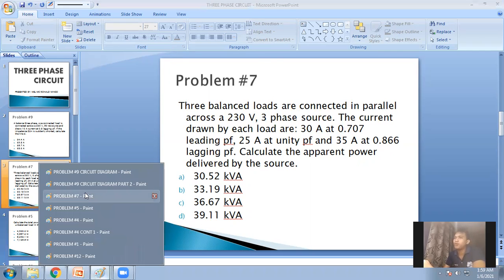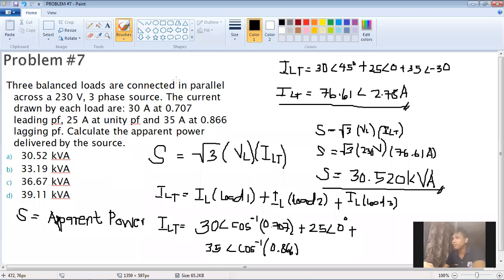So moving forward for the solution, problem number 7. What we have here is the apparent power. The apparent power is the formula square root of 3 times the voltage at line, or the VL, times the ILT.